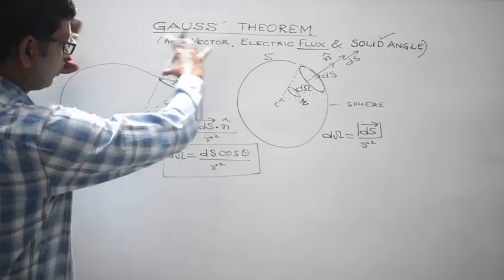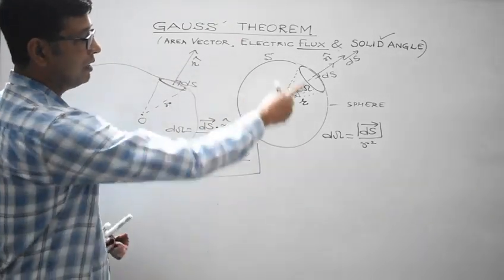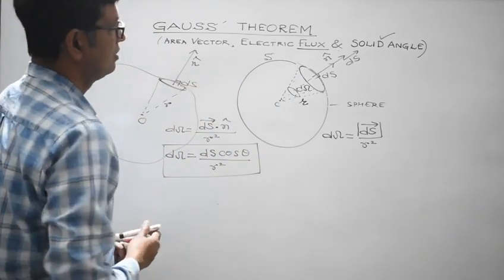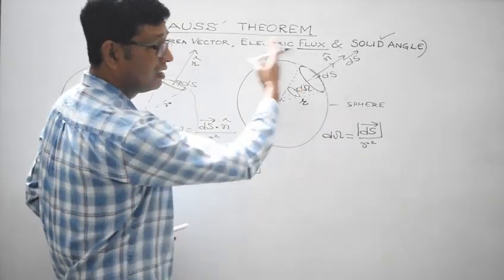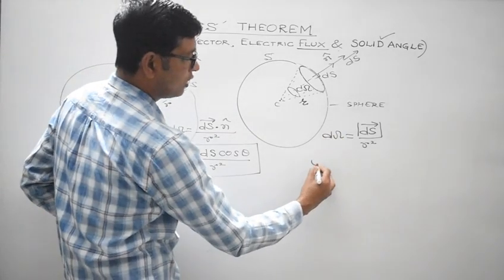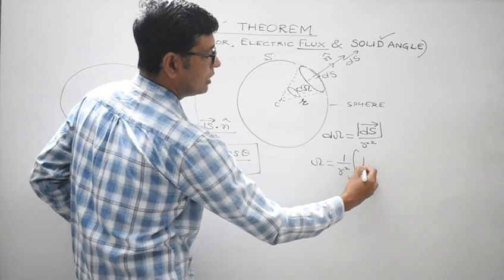And the total solid angle subtended at the center of a closed surface can be easily obtained by integrating it, by taking suitable limits. So again, if you consider this particular case, it will be much easier to derive the net solid angle in the case of a sphere, which is symmetrical. So the total solid angle may be represented, r is constant, like this.